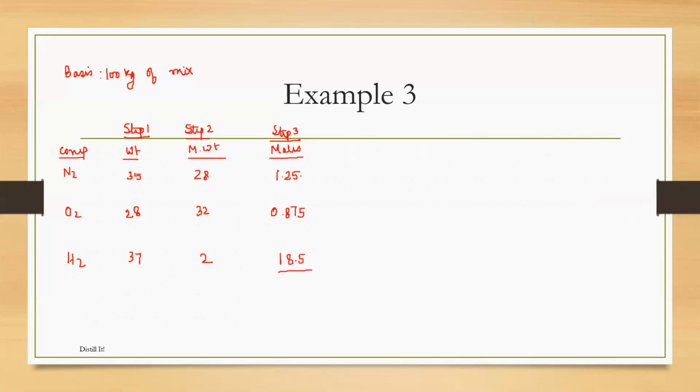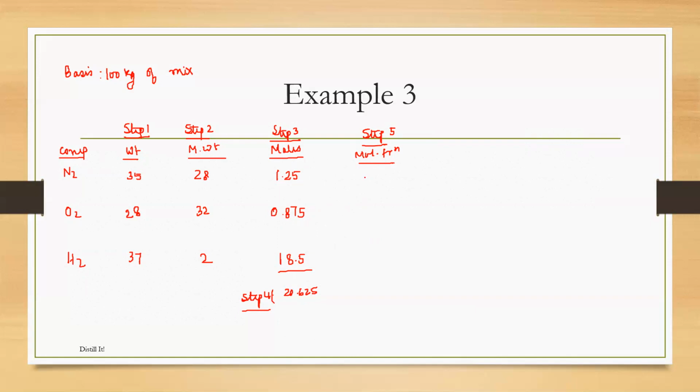Then the next step is to calculate the total moles. The total moles are going to be 20.625. Then the next step is to get the mole fraction. Mole fraction is nothing but individual moles upon total moles. Individual moles are 1.25, total moles are 20.625.